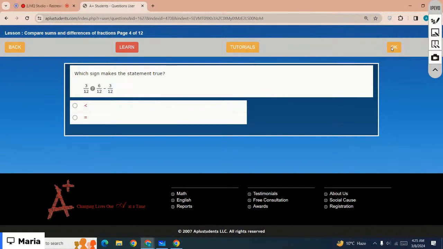Okay, 3 over 12, you have to compare it to 6 over 12 minus 3 over 12. So which is the correct option?